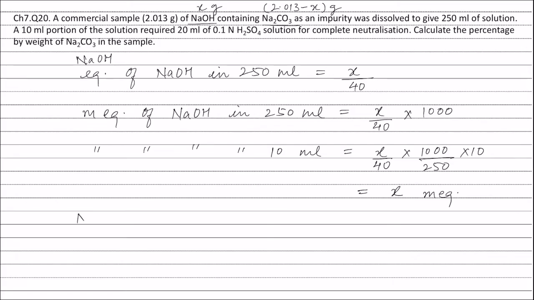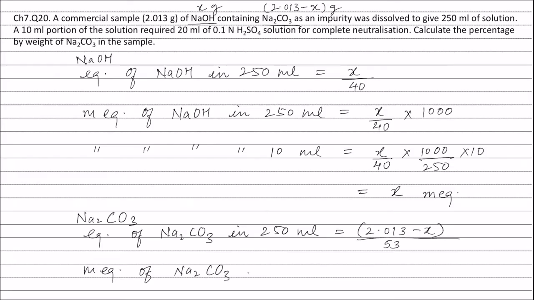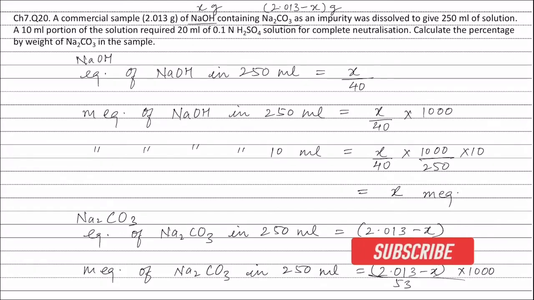Similarly, for Na2CO3, equivalents of Na2CO3 in 250 milliliters of solution is equal to 2.013 minus x divided by 53 equivalents, or milli-equivalents of Na2CO3 in 250 milliliters is equal to 2.013 minus x divided by 53 into 1000 milli-equivalents.